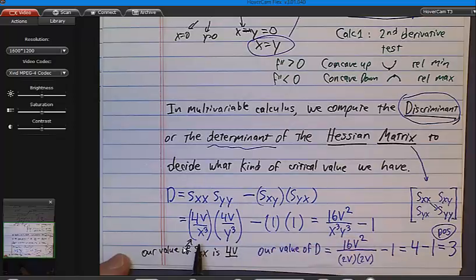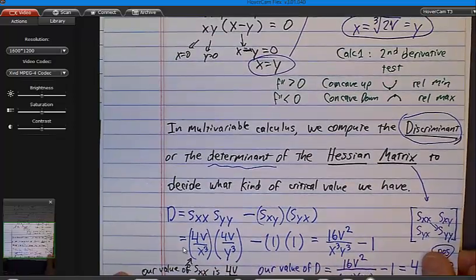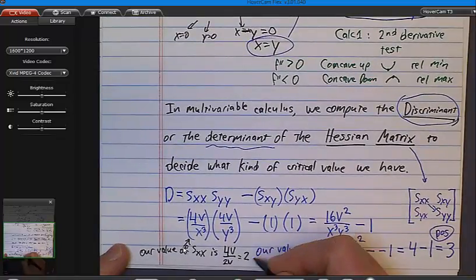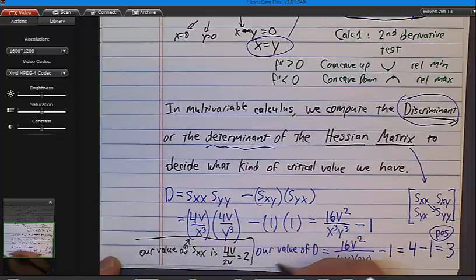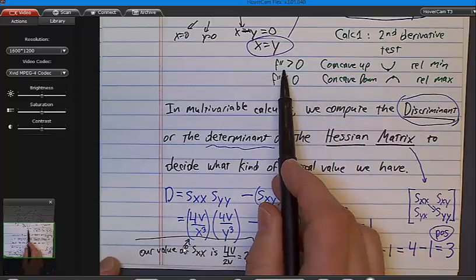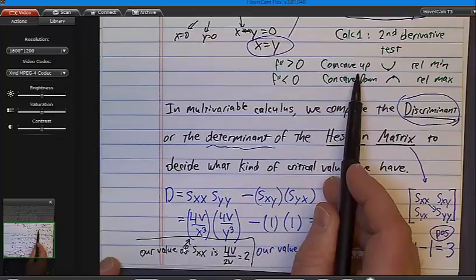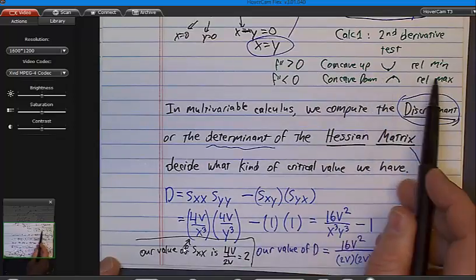Yeah, but what's x? X was the cube root of 2v, so it's just over 2v, so it equals 2. So the important thing is it's positive. And if it's positive, that means this is concave up, cup, relative min.